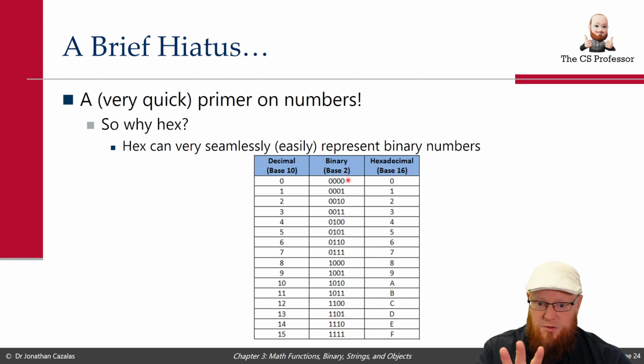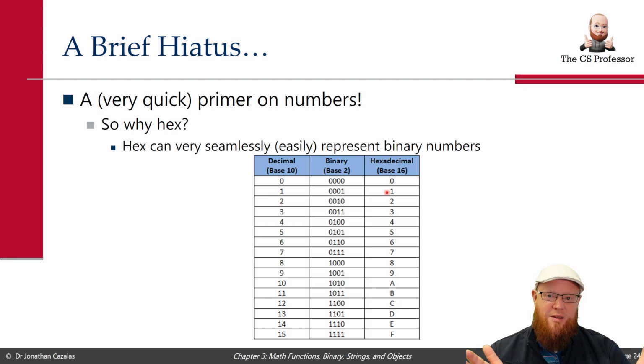Four zeros, 0000 goes to just 0 in hexadecimal, all the way up to 1111 goes to F. So these 4-bit binary numbers all very succinctly map into a hexadecimal number, which is why it's used, because ultimately it's easier if you wanted to write down 32 binary numbers, you could use just 8 hexadecimal digits to represent those 32 binary numbers, which makes it much easier.